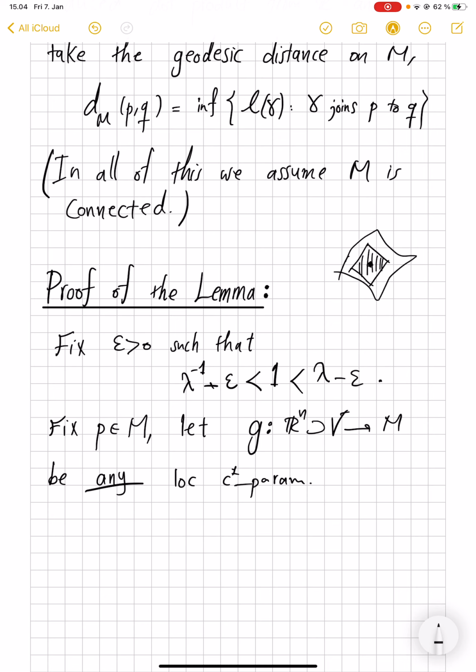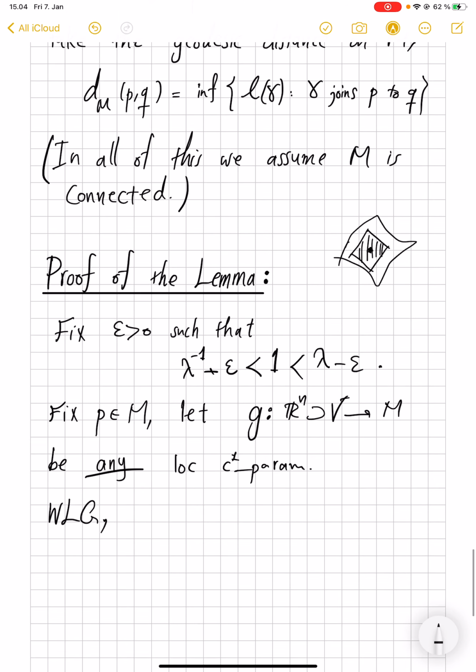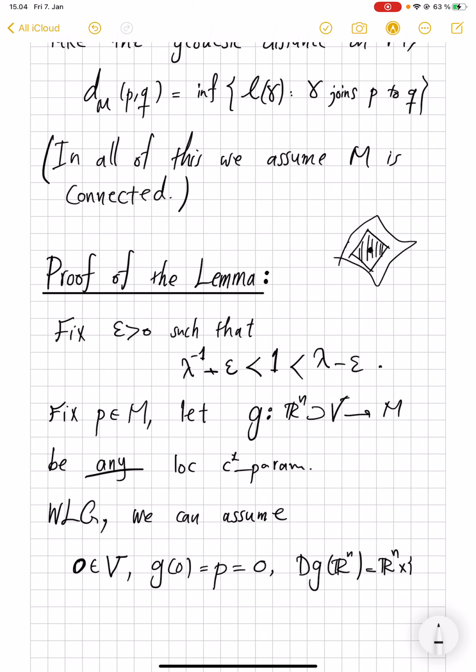Without loss of generality, after some translations and rotations with orthogonal maps, so you don't change any geometry or distance, we can arrange that the origin is in this V, and G maps 0 to P, which is again equal to 0, and that the derivative of G applied to all of Rn, which gives us the tangent space at P, is Rn times 0, which is living inside Rm.